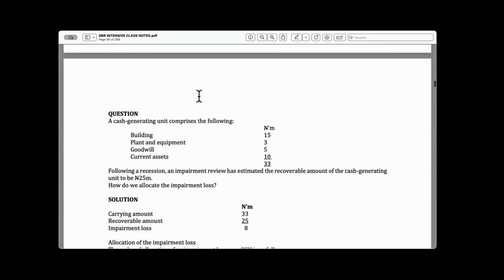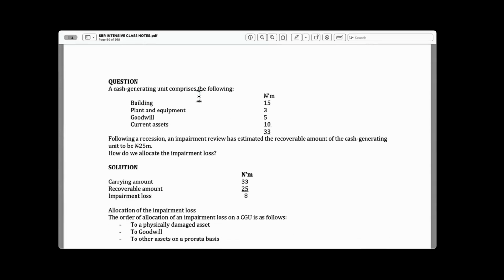So we looked at a very simple question where they gave us a CGU and their book value, and they said that the recoverable amount of all these assets together is 25 million. The reason they are giving us the recoverable amount together as one unit is because we cannot determine their recoverable amount separately.